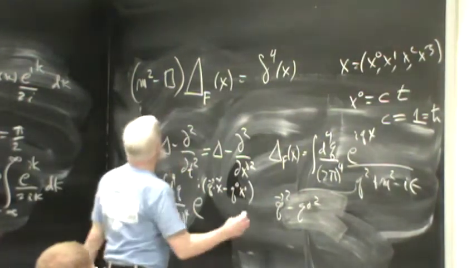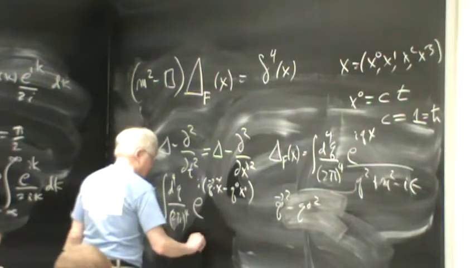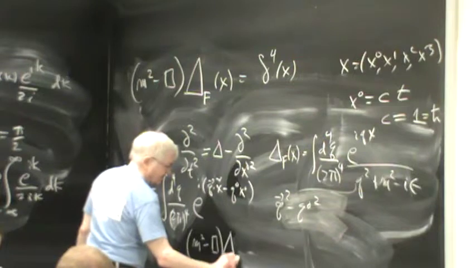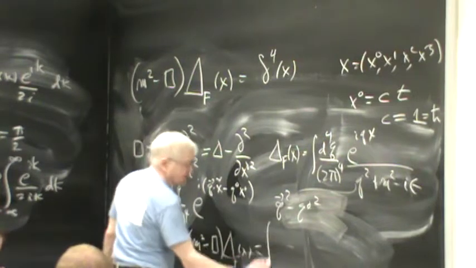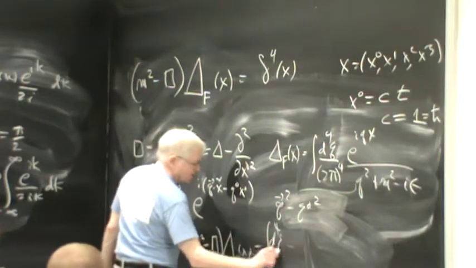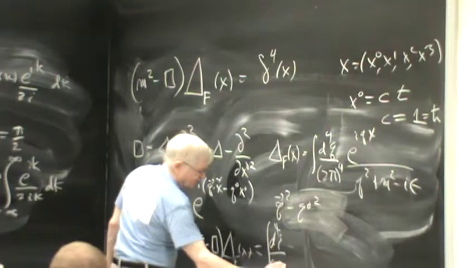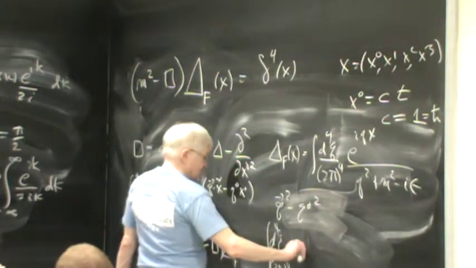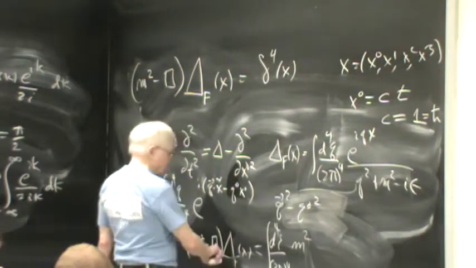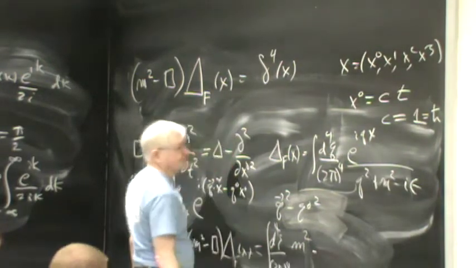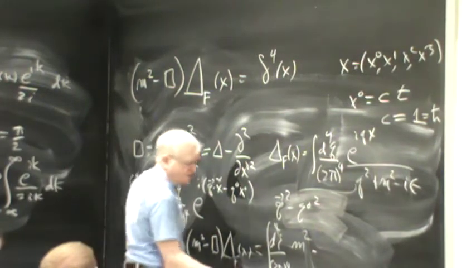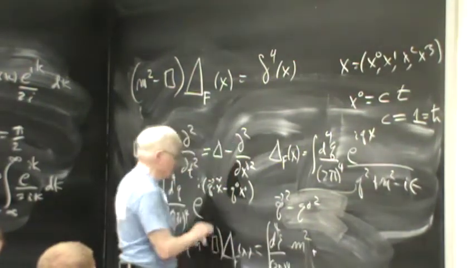So when you have m squared minus box acting on delta f of x, what you get is d4q over 2 pi to the 4th. And then, of course, you get m squared, but then you get minus, and then the minus sign is canceled because you have 2 i's all the time, i squared.